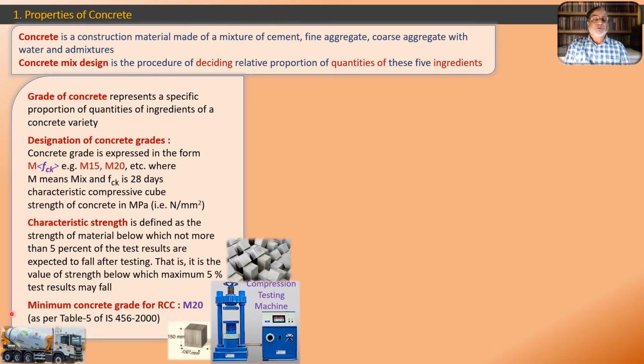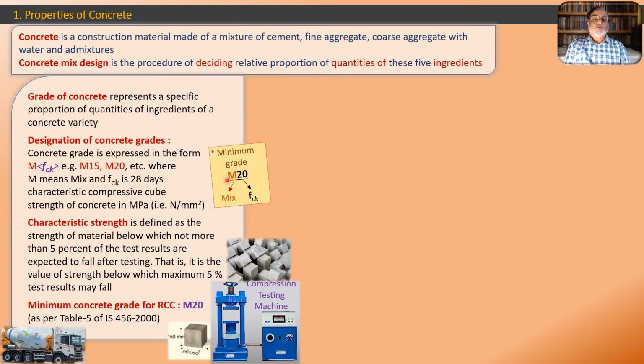It starts from M7.5, M10, M15. These are the grades lower than M20. These grades cannot be used for reinforced concrete. They can be used as plain cement concrete, PCC, where we want to lay a PCC layer under an RCC component. There we can use concretes of grades lower than M20. But for RCC work, for reinforced concrete work, we have to use minimum M20 grade of concrete.